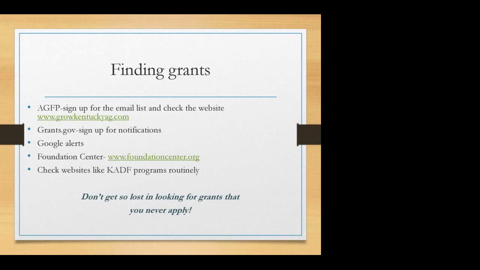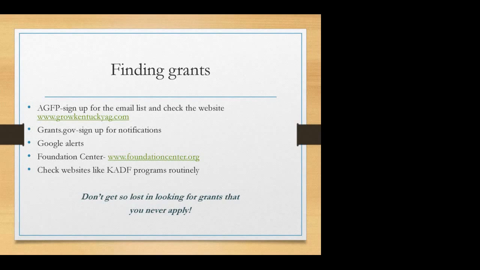The Foundation Center, that's a really good one, especially for nonprofits. You can go and sign up for their little listserv or newsletter, really is what it is. It's foundationcenter.org. And you also want to check things like the Kentucky Ag Development Fund programs.